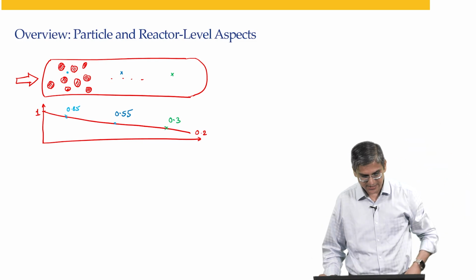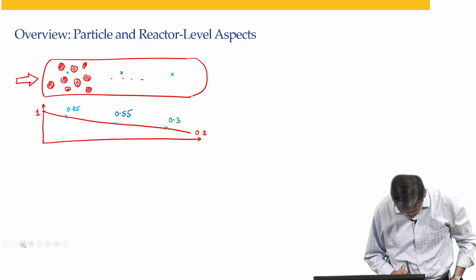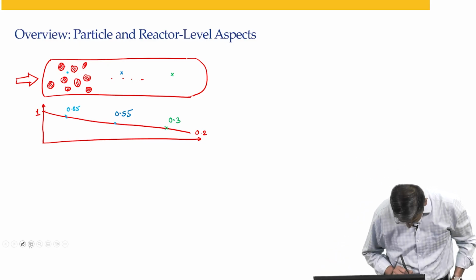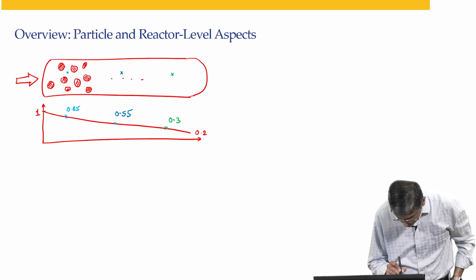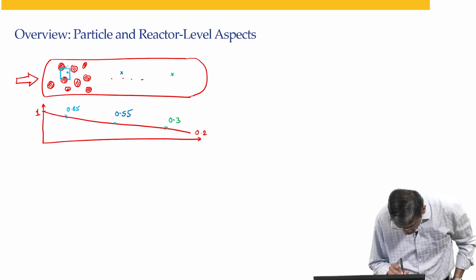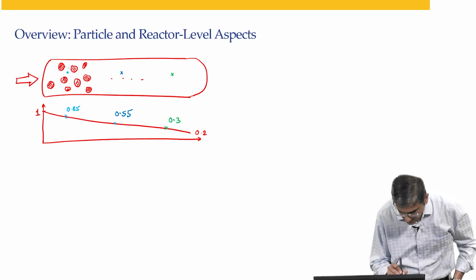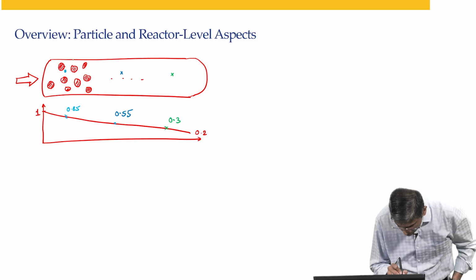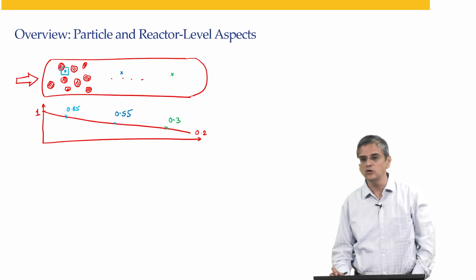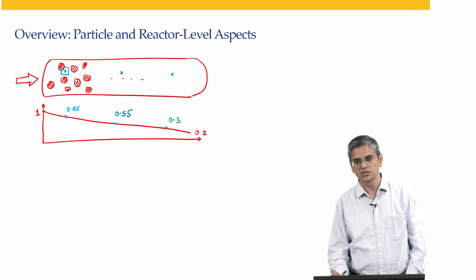As I said earlier, we are going to zoom in over here, or maybe I should have put this point over here. We will zoom in over here and try to find out what is happening with the catalyst particle at this point.